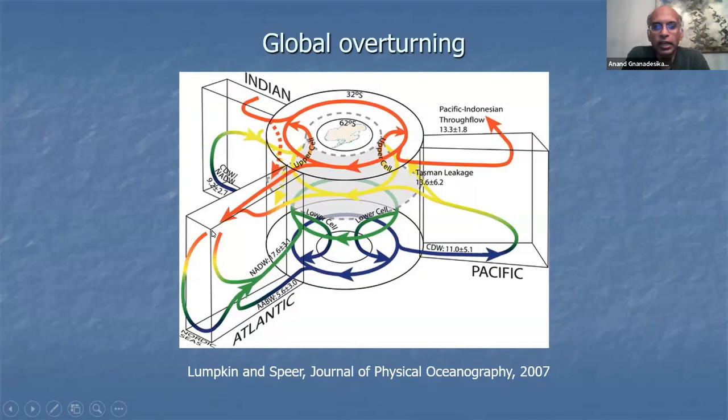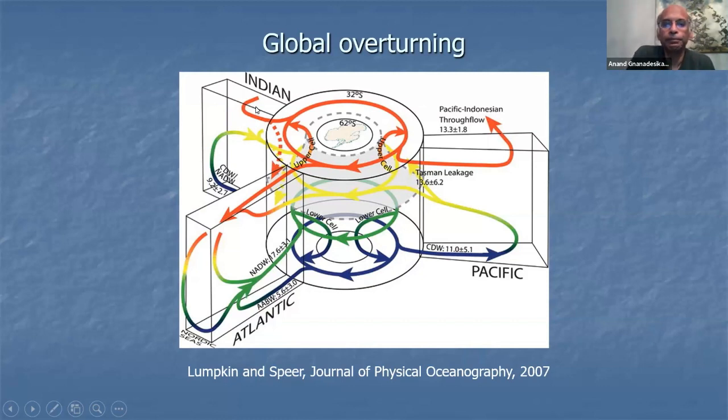If we look at the Atlantic, what we see here is warm water flowing north into the Atlantic and getting transformed into dense water and then flowing back to the south, with a volume transport of around 18 plus or minus 3 million cubic meters per second. So that's around 90 Amazons.